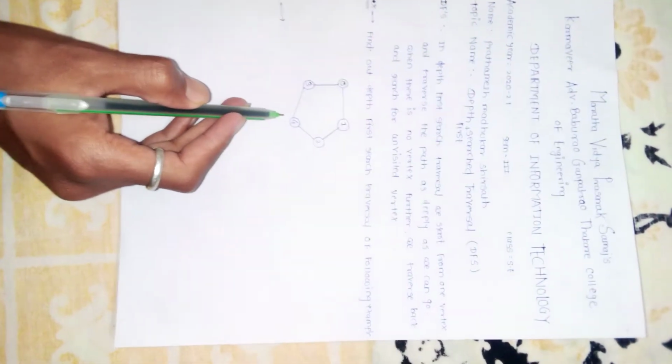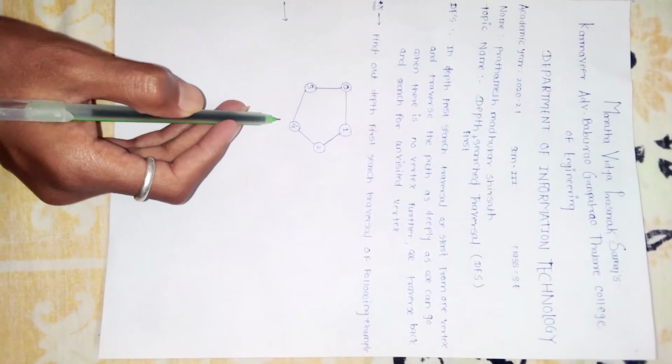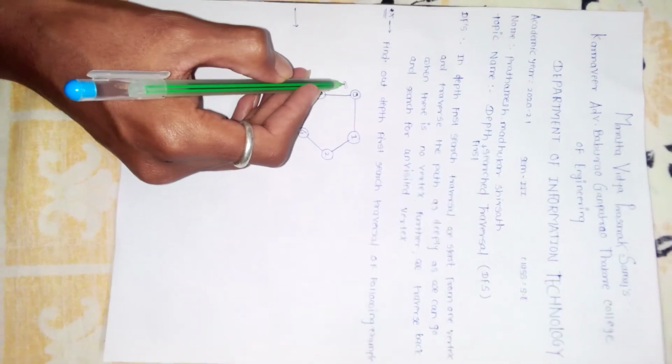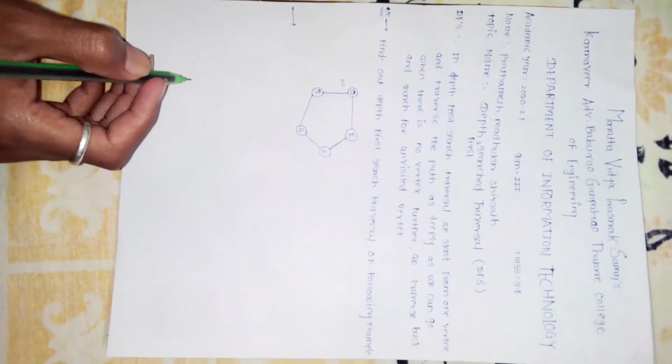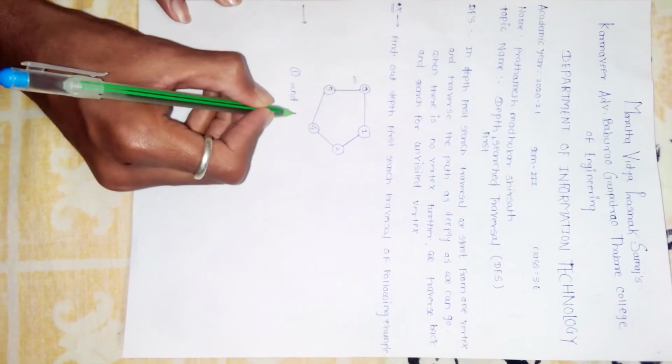In this given example, the root node is not clearly mentioned, so we can take 0 as the root node. Then 0 has two adjacent nodes, 1 and 3.